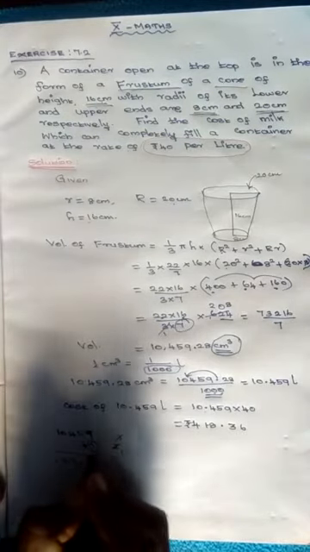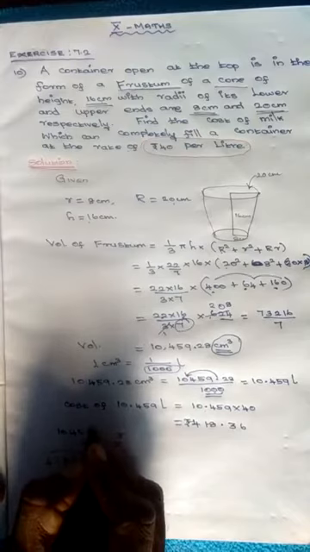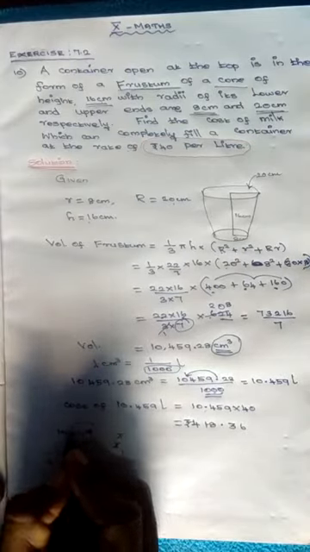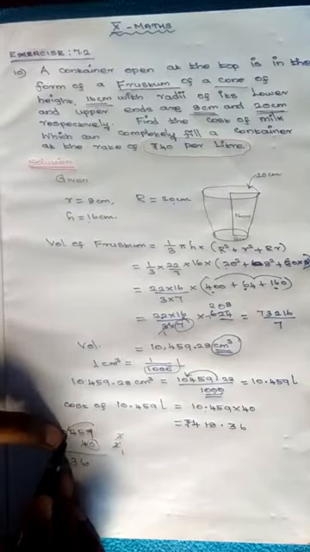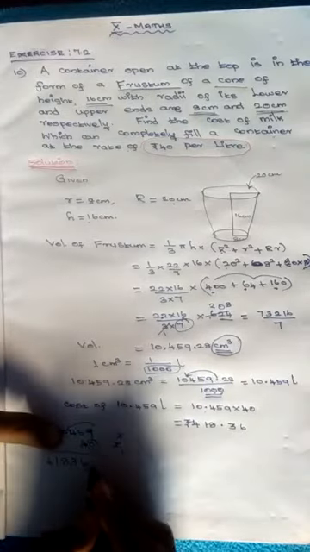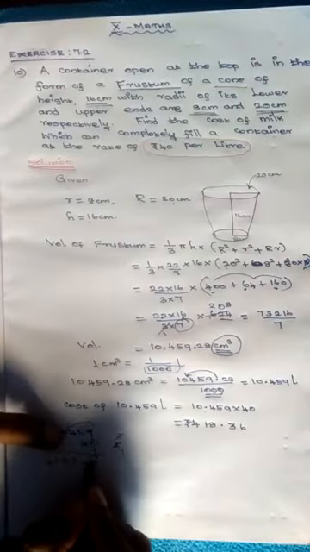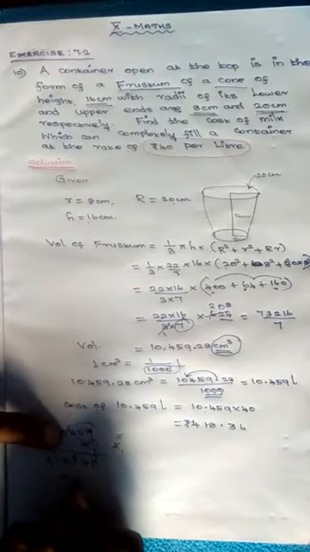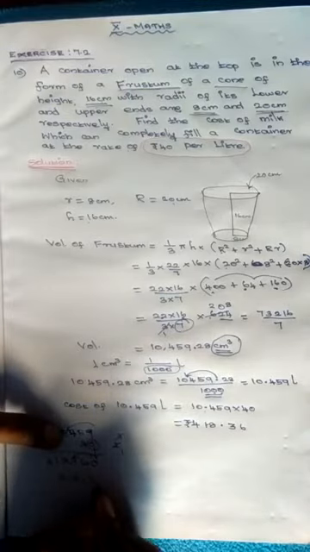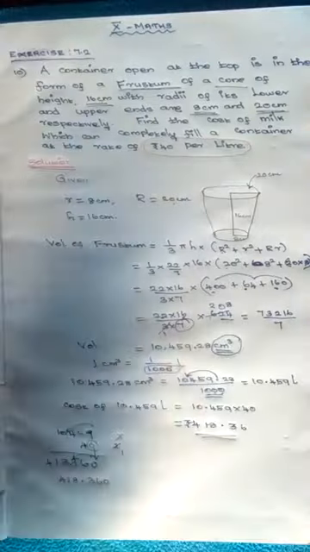Remaining 1, 4 ones are 4. Then move the decimal point three digits, and also the 0. So the answer is 418.360, the same answer.